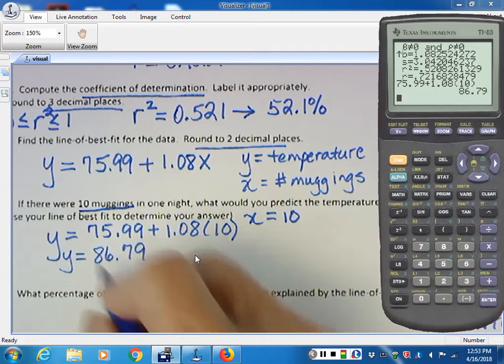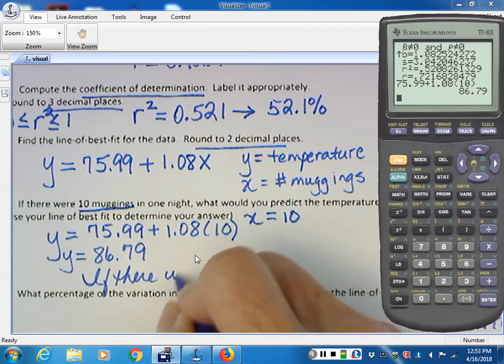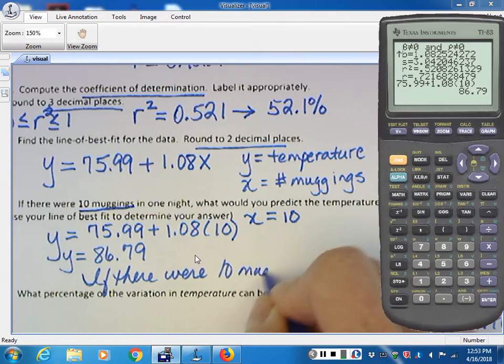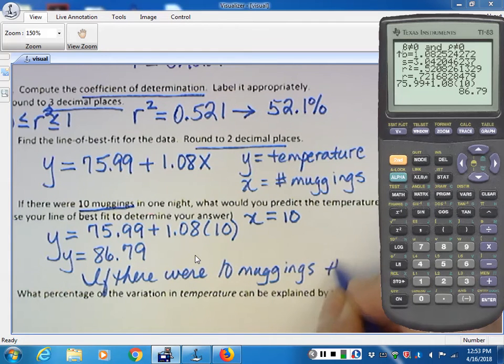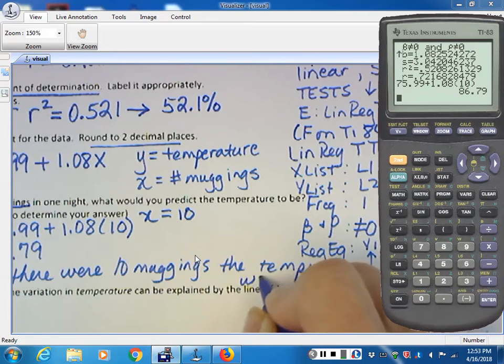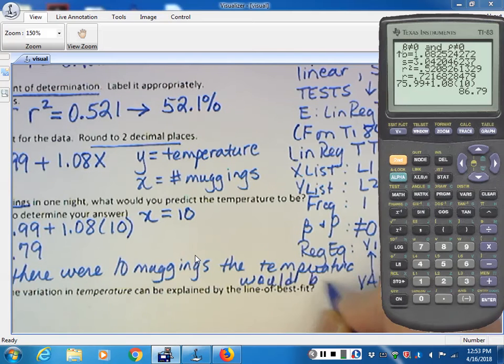So what that means is, if there were 10 muggings, the temperature would be about, because you can't say it's exact, about 86.8 degrees.